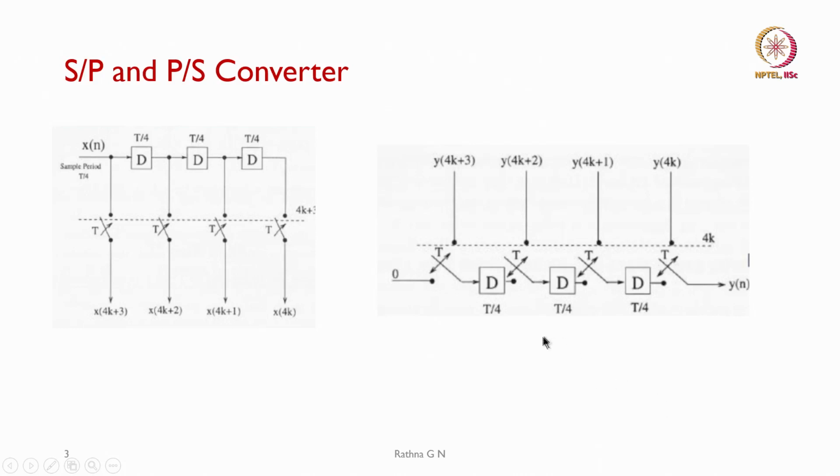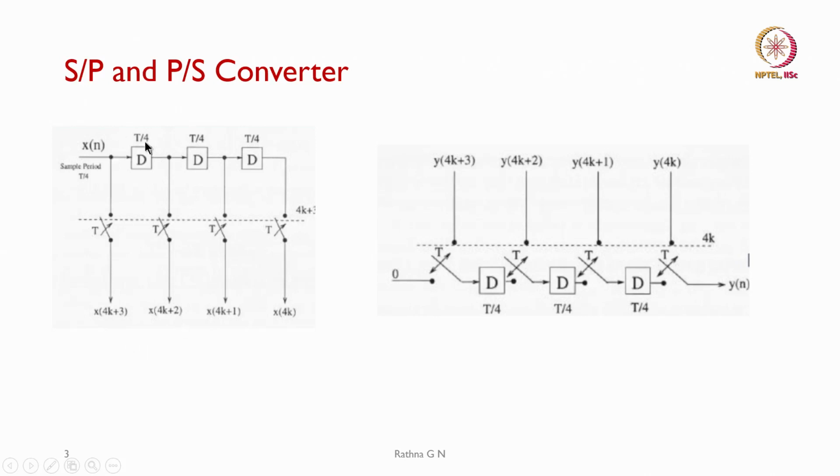So, we will see, using the switches, how the serial to parallel converter and then the parallel to serial converter is going to work. So, this is my x of n and the input is T by 4. We will provide the delay elements in our path and we will be providing the switches basically to see that whatever input has been given, the output will have 4 of them.